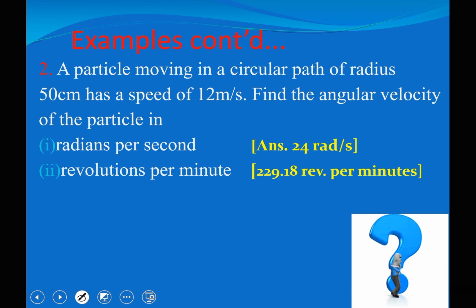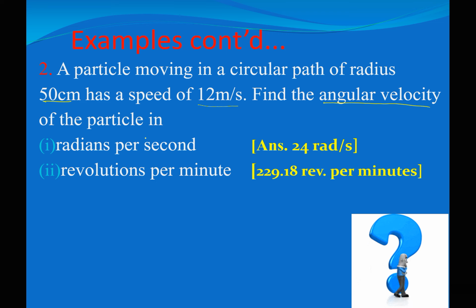Let's see if we have example number 2. A particle moving in a circular path of radius 50 centimeters, so this is r, has a speed of 12 meters per second. Find the angular velocity in radians per second and in revolutions per minute. So we want to find the answer in radians per second in the first place and then in revolutions per minute.